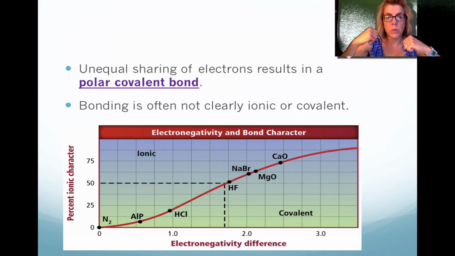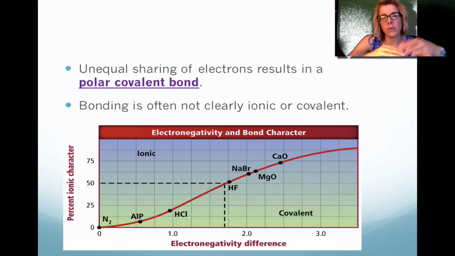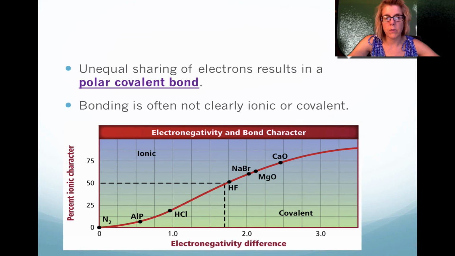Well, that happens with elements too. You might notice in this chart that there's a shift from ionic to covalent, going from left to right. So the bond character shifts because of that electronegativity difference.